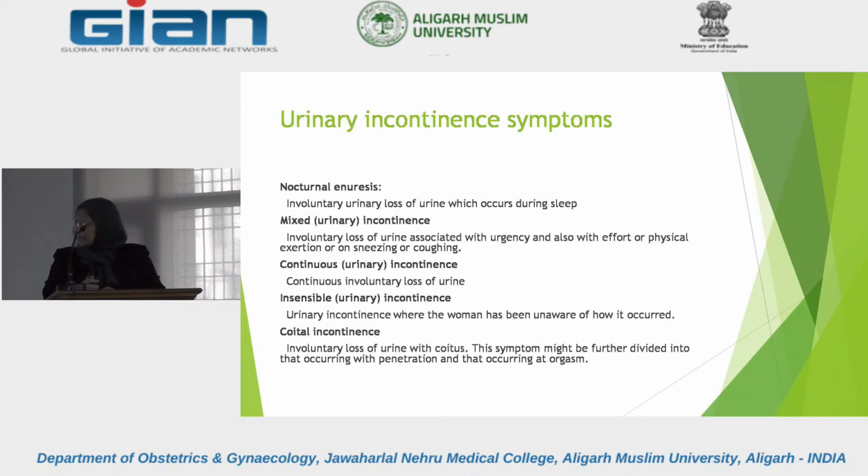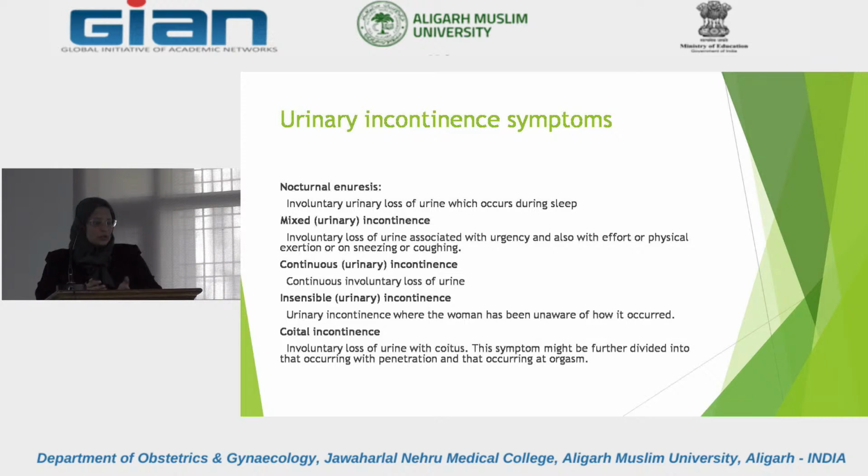The next one is continuous urinary incontinence. Again, they have kept the definition so simple and easy for everyone to remember. It is continuous involuntary loss of urine. So what could be the reasons for that, for continuous involuntary loss of urine? Any ideas why somebody will keep leaking continuously? And I'll give you a hint, think about Africa. Exactly, well done. So any fistulae, which are a hole in the bladder, which is leaking through the vagina.